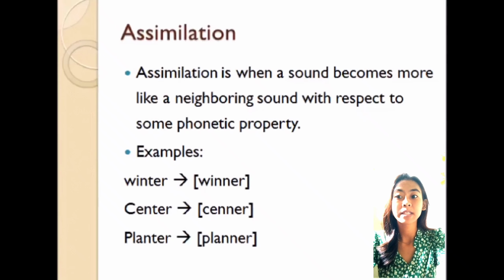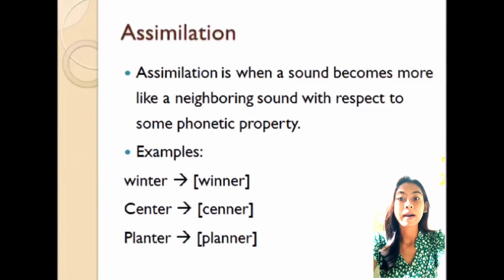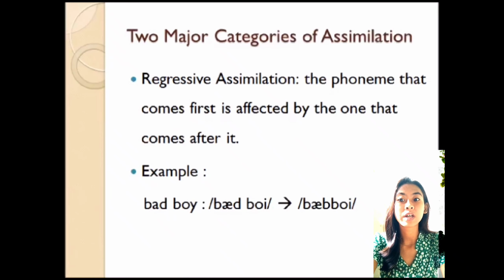The first is assimilation. Assimilation is when a sound becomes more like a neighboring sound with respect to some phonetic property. For example, winter becomes winter, center becomes center, and planter becomes planter. There are 2 major categories of assimilation.